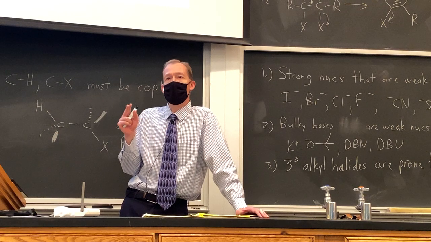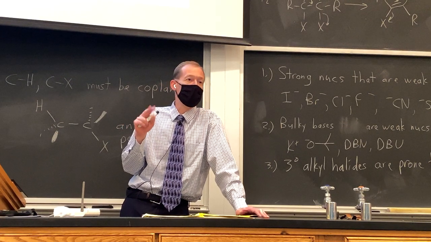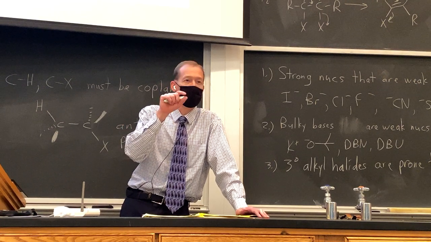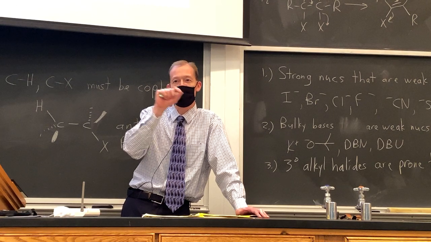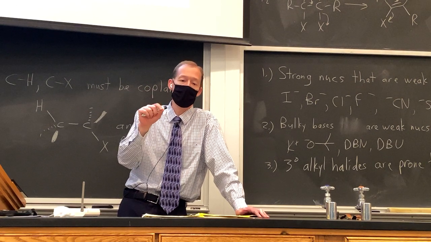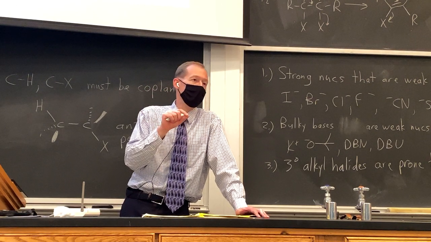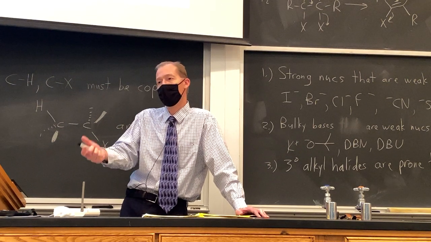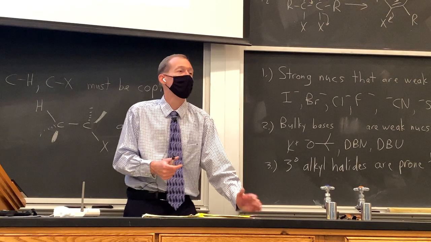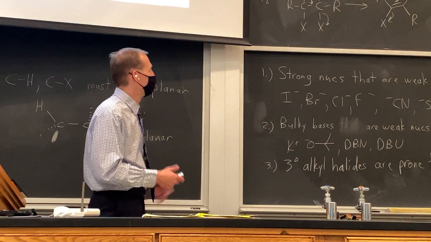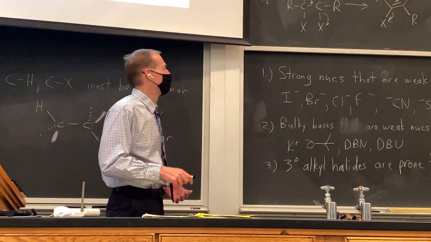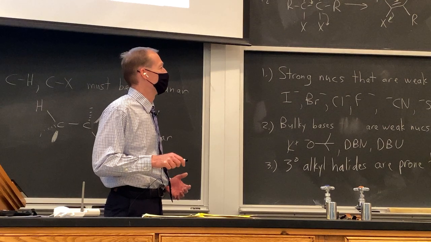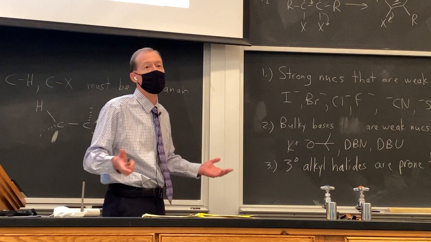A negative charge does not represent a specific pair of electrons, so you do not want to draw your curved arrow from a negative charge. You want to draw it from a lone pair or from a bond. And if you look closely at the mechanisms in the book, they all follow this pattern. The mechanisms we've drawn on the board all follow this pattern, where all of our curved arrows are originating either from lone pairs or from bonds. Okay.